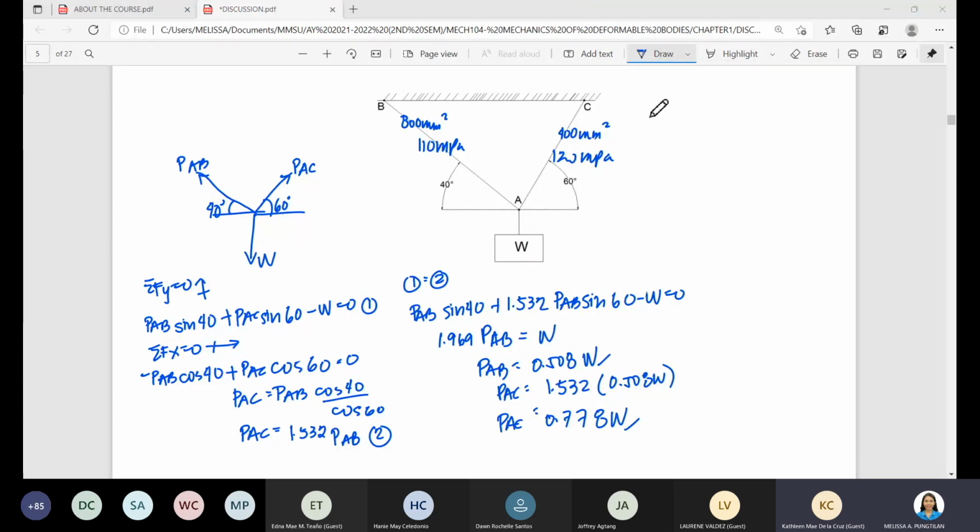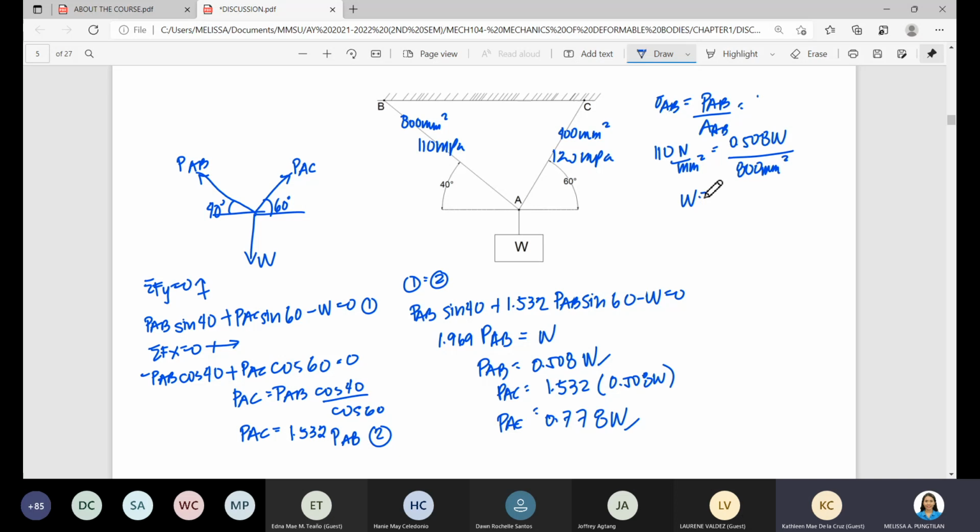So, ang gagawin natin dyan, we have for stress AB equal to PAB all over the area. Stress natin is 110 megapascal or 110 newtons per square millimeter equal to 0.508 of W all over the area, which is 800 square millimeter.